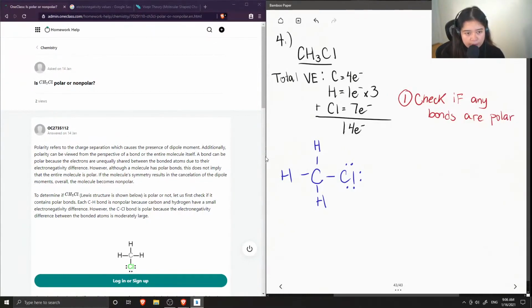And typically, when bonds are polar, they have an electronegativity difference that is greater than 0.4, or I'll just say greater than or equal to 0.5, but typically less than 1.69.